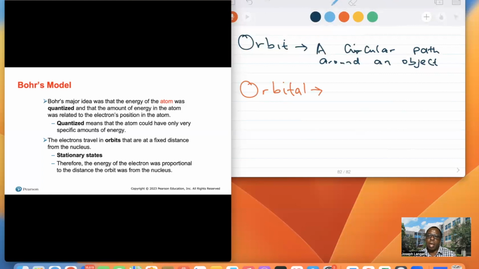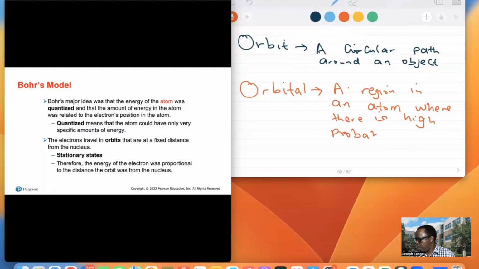It sounds the same, and you may think they're the same, but an orbital is simply a region in an atom where there is a high probability of finding an electron.